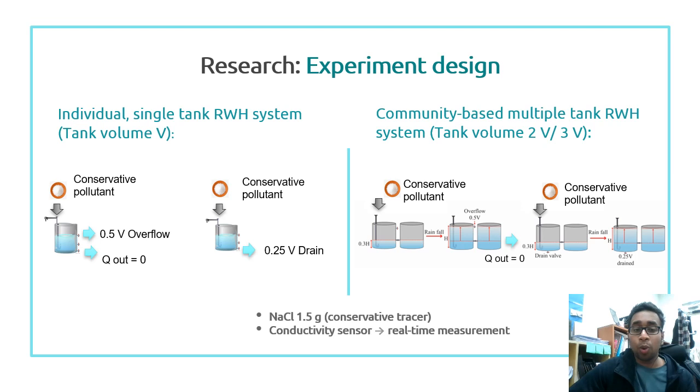All this time, while simulating these scenarios, the outflow would be 0. So we are going to simulate the scenario where the water is being stored. And as for the multiple tank system, we are going to simulate the same two scenarios, the overflow and also the drain, while keeping the outflow as 0.